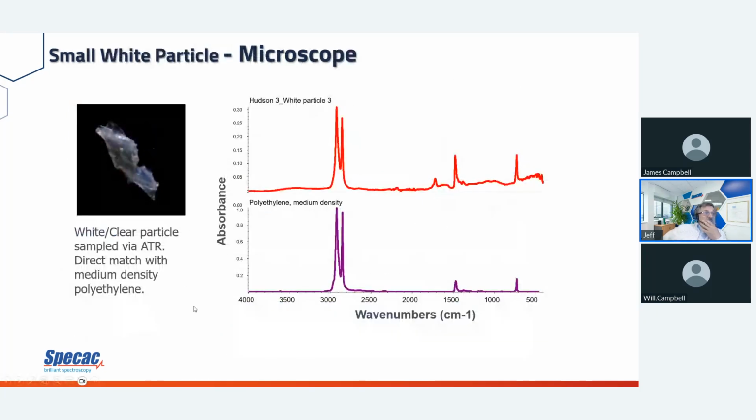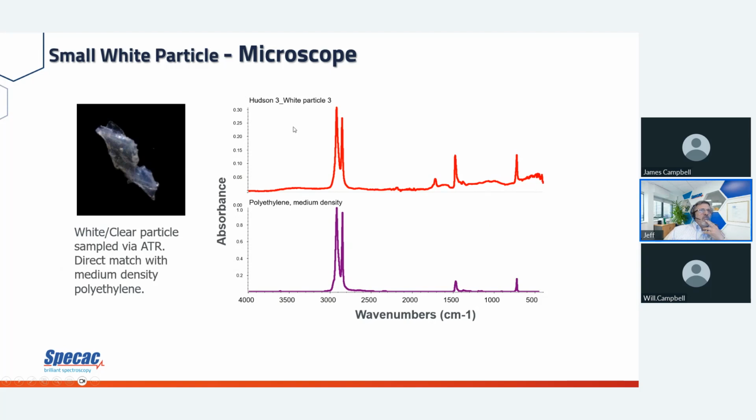Now, if you go down to this, it was actually taken out of the famous river over in New York. We took a 5-gallon bucket out of the Hudson River and poured it through a filter to see what was there. We found this tiny little particle here, this white, clear, looks like a polymer of some sort.